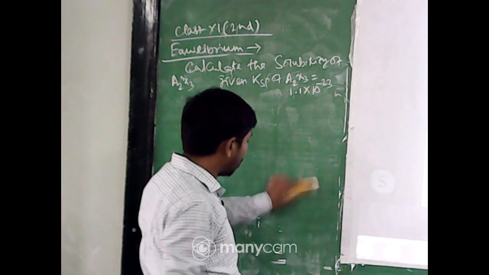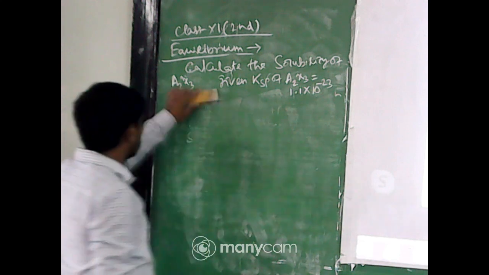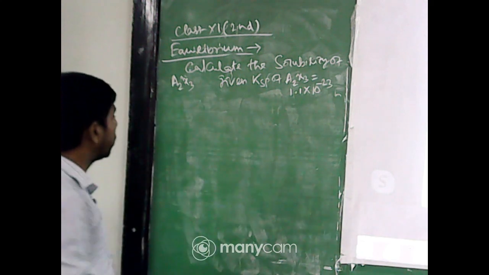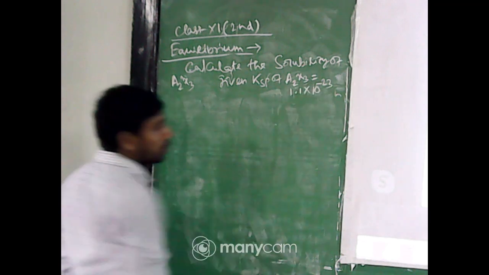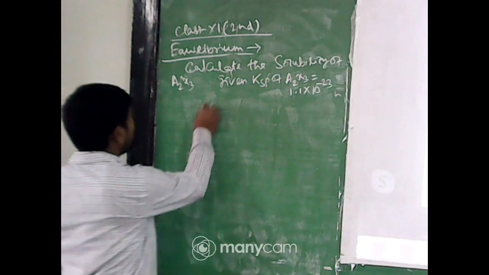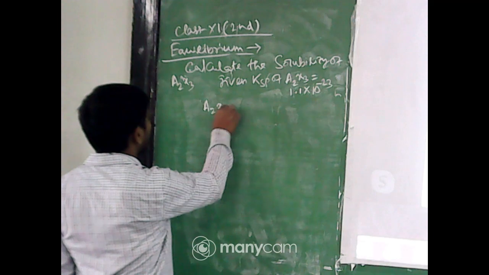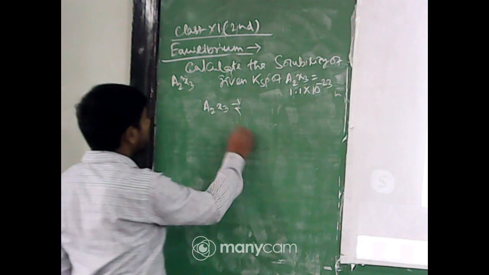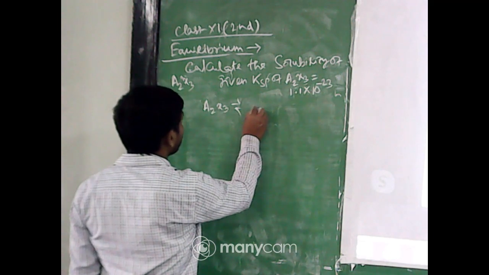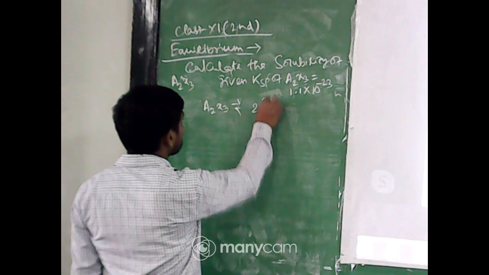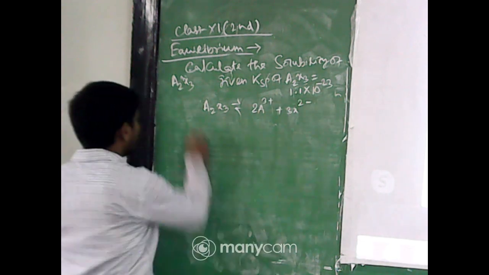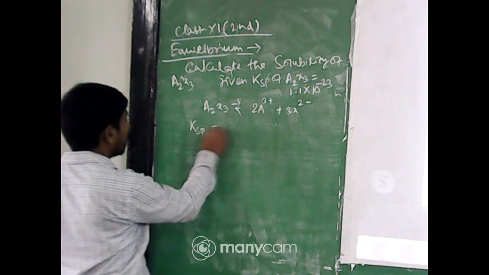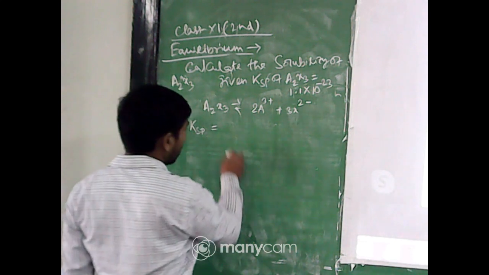We have to follow the same path for solving this problem. Here the stoichiometry is different. So first of all, write down the equilibrium equation: A2X3 equals 2A3 plus and 3X2 minus. What will be the value of Ksp?